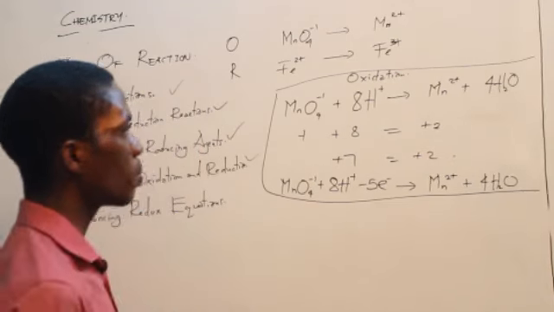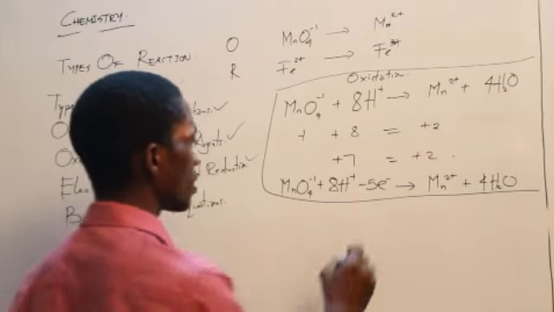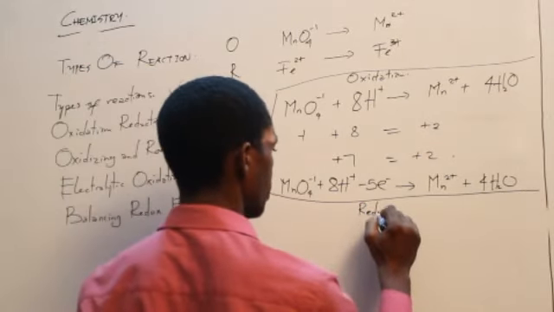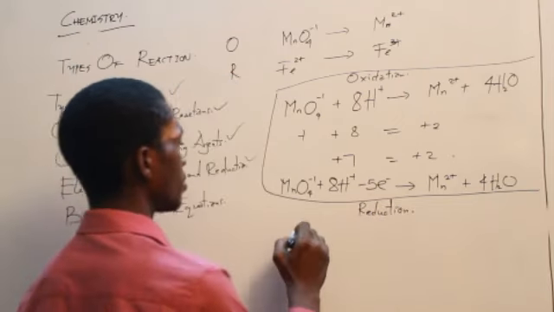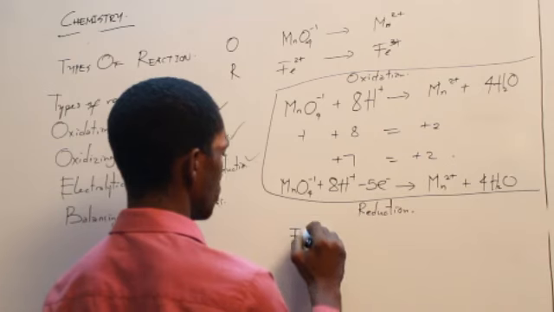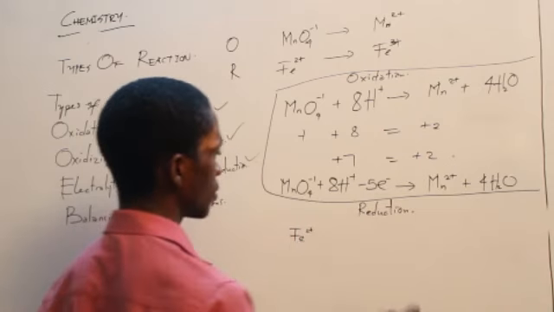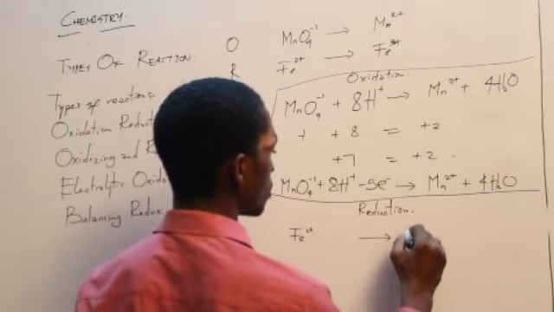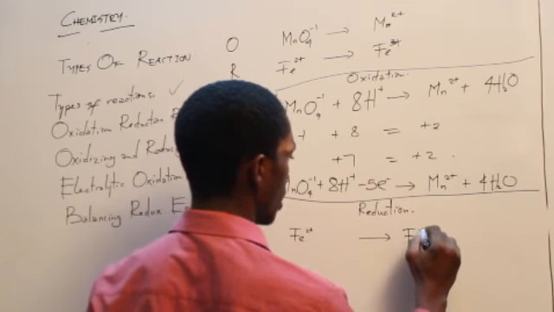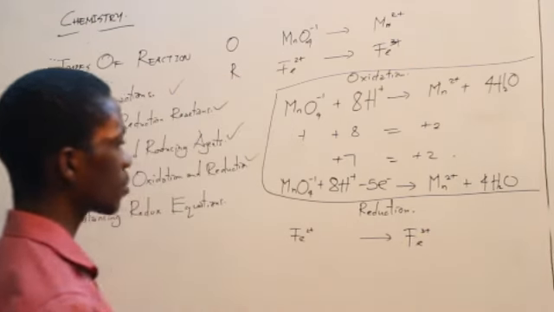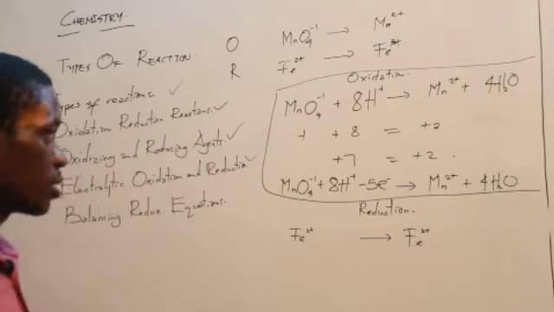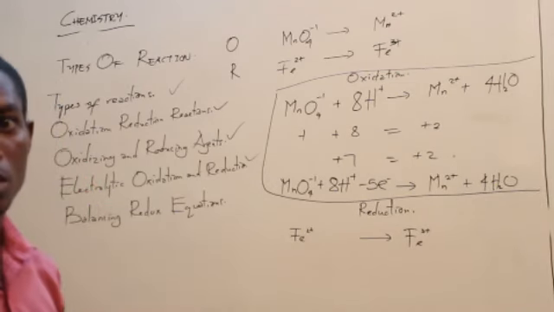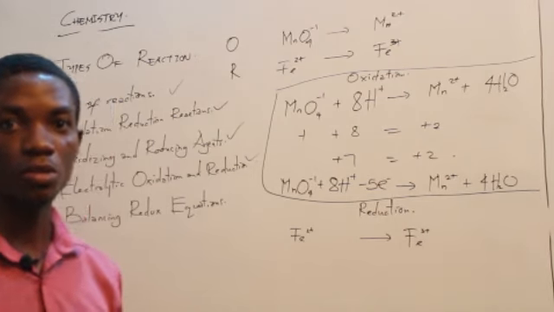Let's go to the reduction part. In the reduction part, we have iron 2 becoming iron 3. Of course, iron 2 becoming iron 3 means it would have lost several electrons.